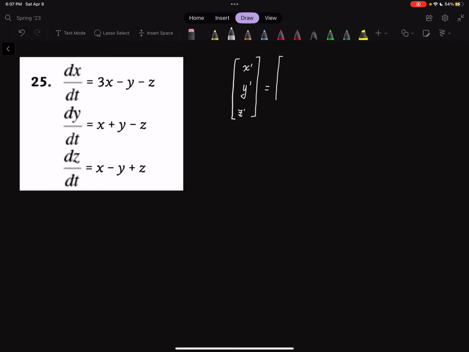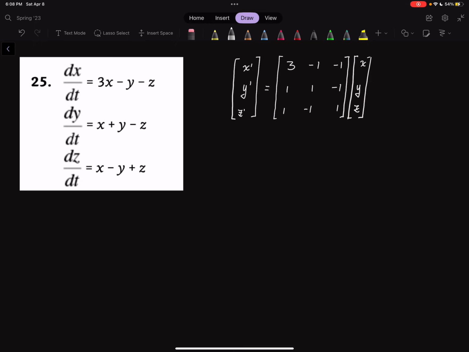Then we'll have the coefficient matrix here, which is 3, -1, -1, 1, 1, -1, and 1, -1, 1. I close this up, and I multiply it by x, y, and z. Okay, well, now that we have this, what do we do?